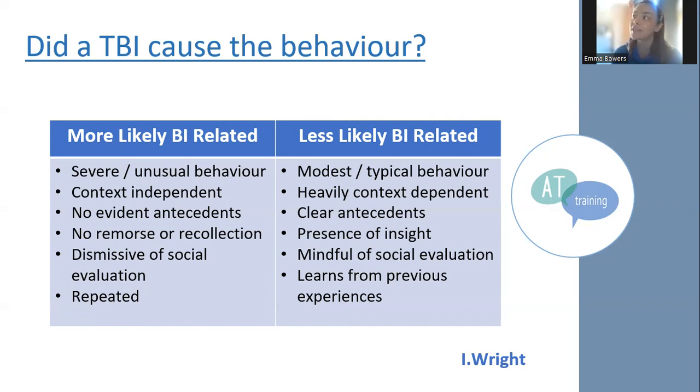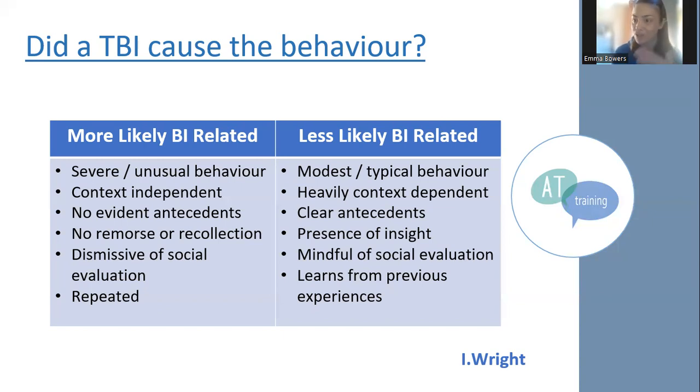We were recently out in the community, and she was really expressing her distress, really loud, very vocal, lots of expletives, super colourful, and she was completely dismissive of social evaluation, which is really out of character for her. You know, she's very sensitive, as we all were when we were teenagers. We want to be part of the in-group. So that's just one example of how we might think, oh, actually, this may be more likely to be related to the TBI.